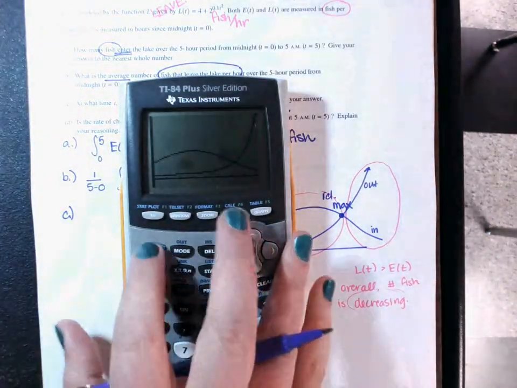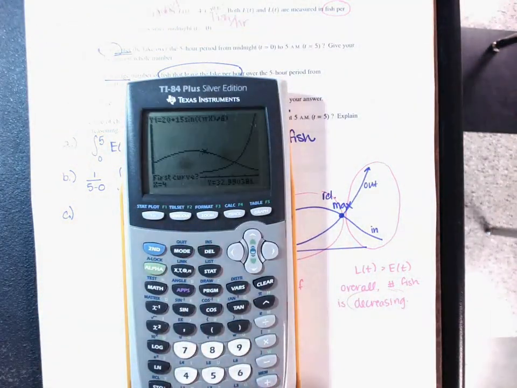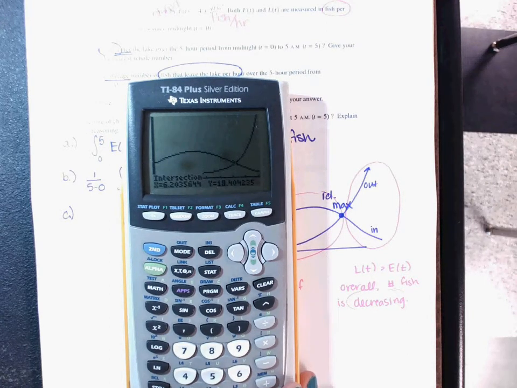So second trace, option number 5, enter, enter, enter. They cross at t equals 6.2035.